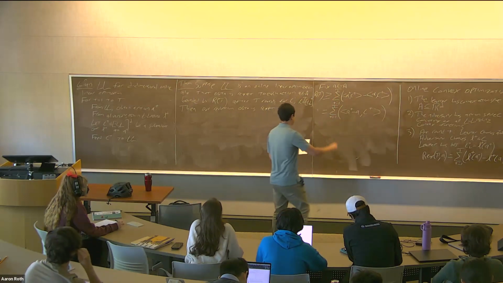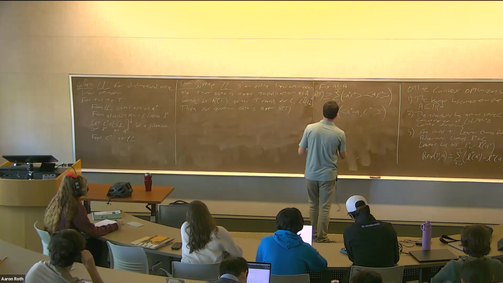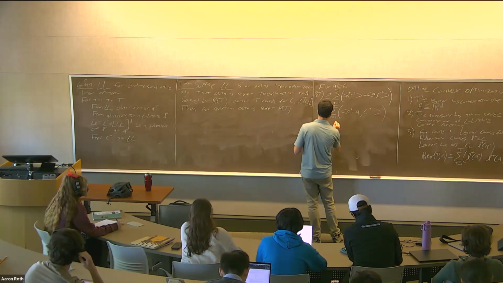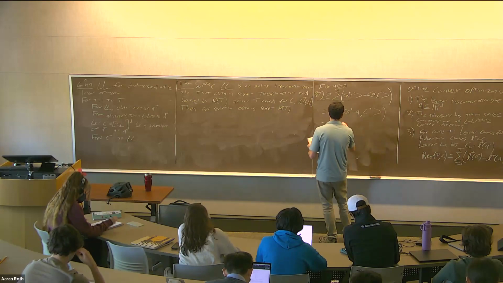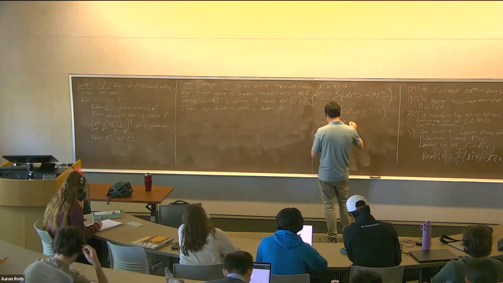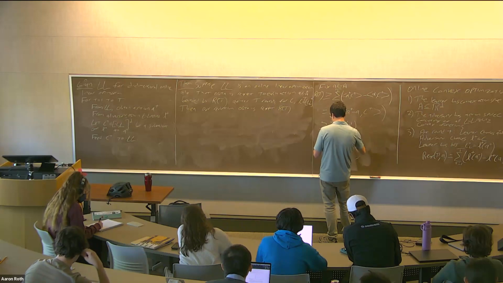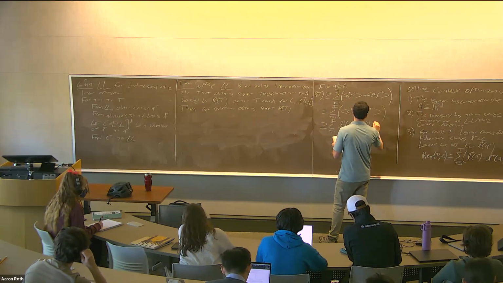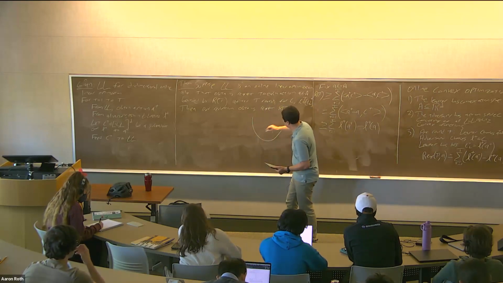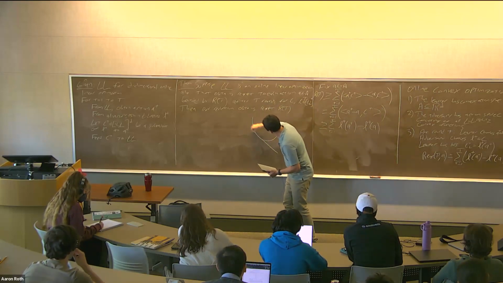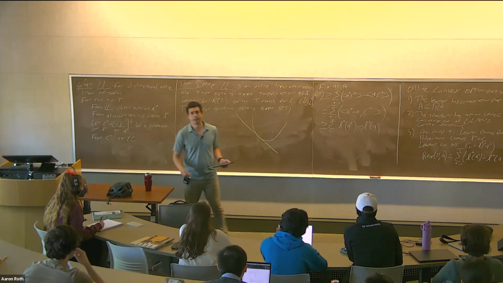It was that this quantity, term by term, is only bigger than the difference between L_t evaluated at A_t minus L_t evaluated at A. This is just the statement that the function lies above the line.